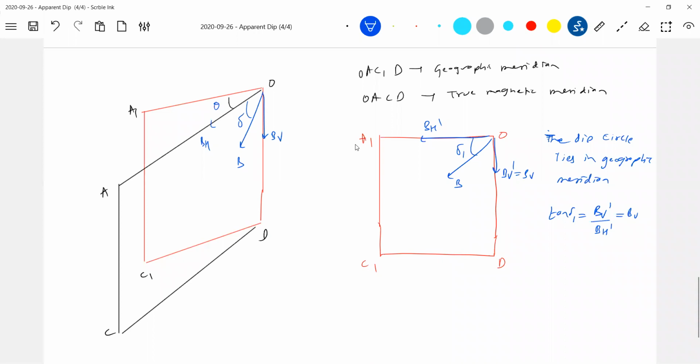Now, what is BH dash? Looking at this, OA1, BH dash should be equal to BH cos theta. So BV by BH is what? Tan delta, the true dip.